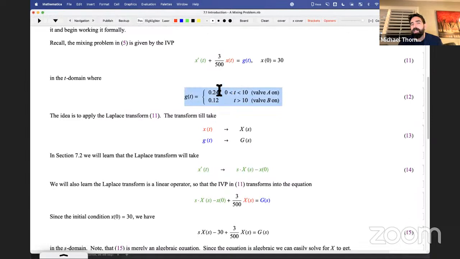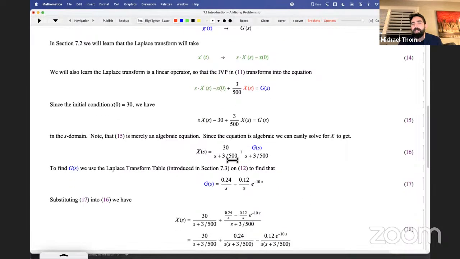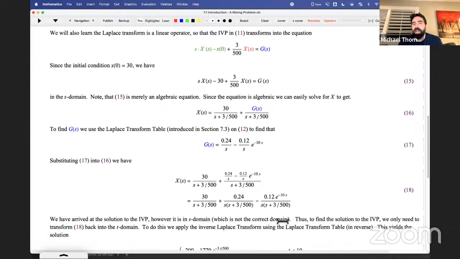If you plug this in or use the transform table, what you'll find is you'll get out this guy. It's not exactly obvious why. Again, we're going to do some hand waving here. So then we'll plug this in there. And then what we've got is our solution in the frequency, Laplace, or S domain. All right, so we'll simplify, and there's our solution.